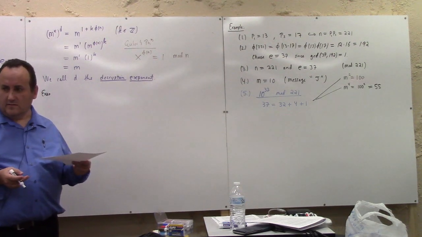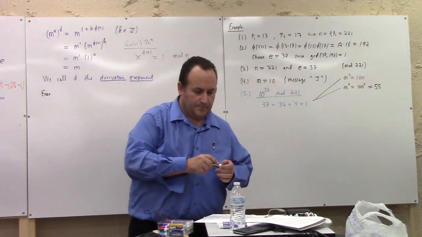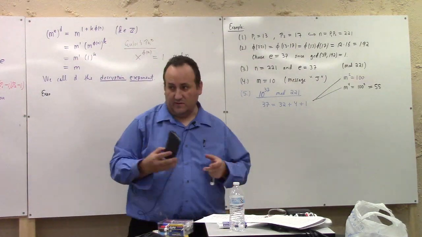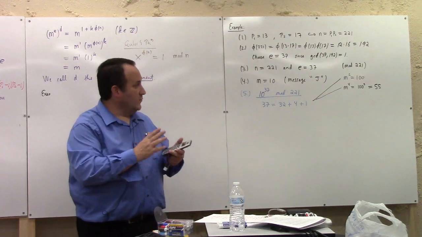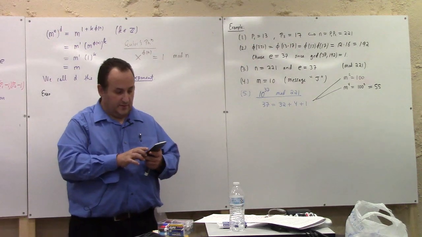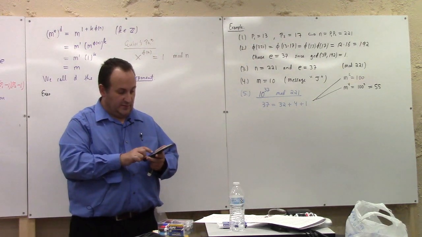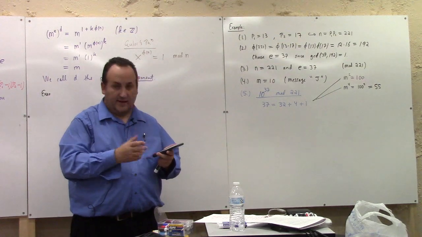What's my technique? Here's what I do in terms of calculator work. I'm trying to figure out the residue of 100 squared mod 221. So I take 100, I square it. That gives me 10,000.